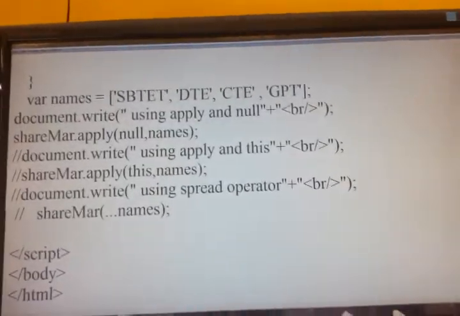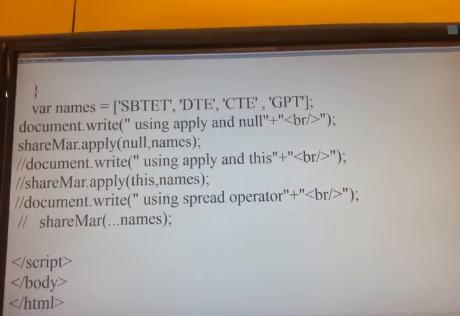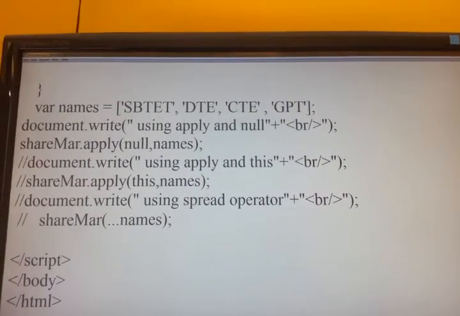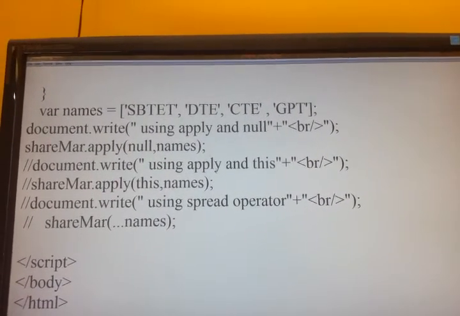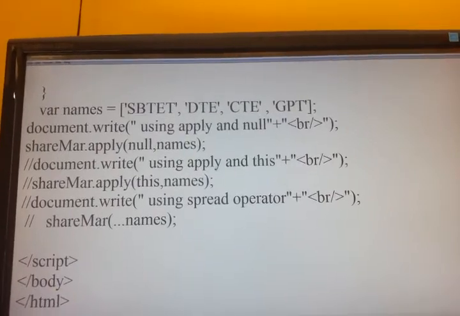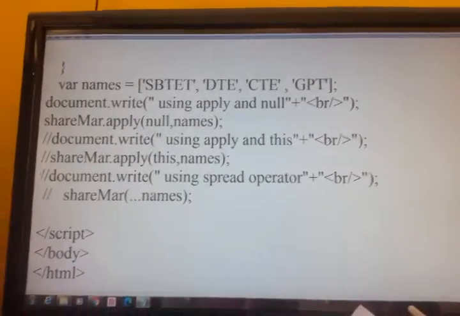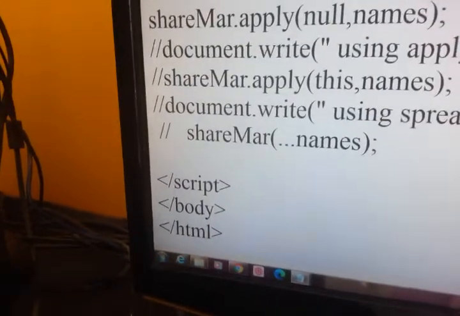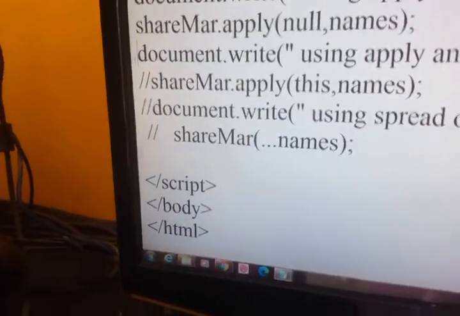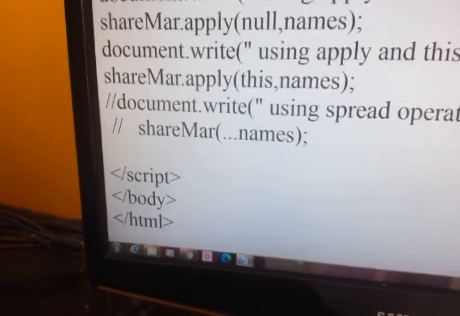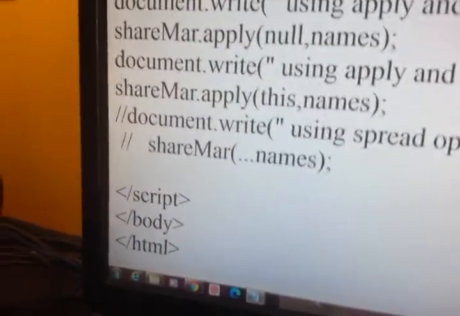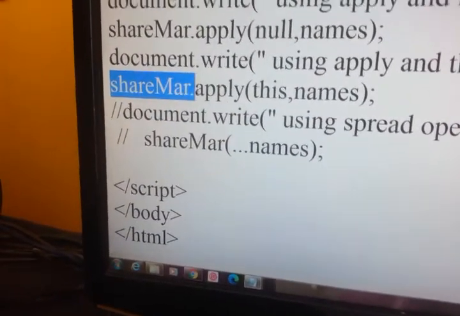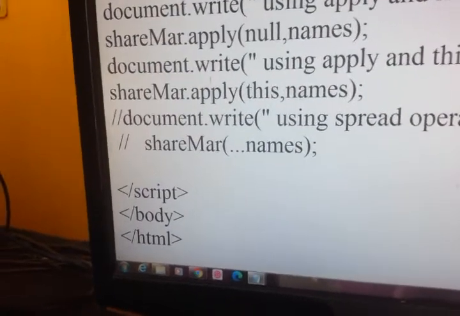Now there is another way of getting this. Instead of using null, if I use this keyword, as you know, we have this keyword. So this is the function name, we are using the apply method.